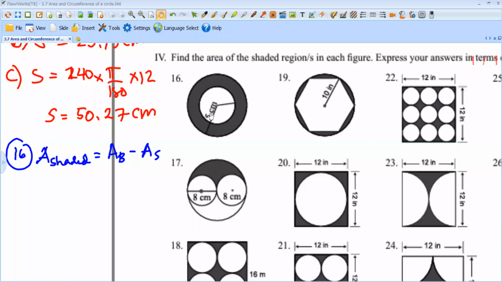We should have two radii here. I think they missed one. Do they have the same? Or it is half?